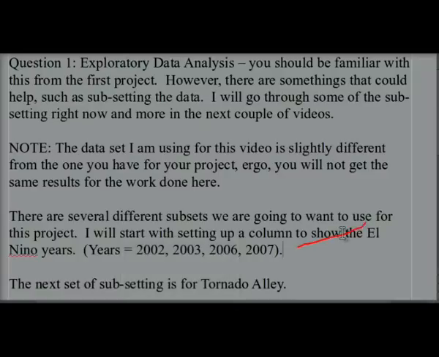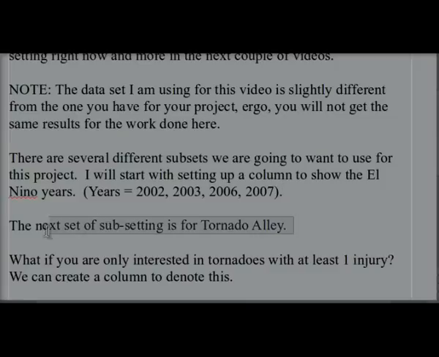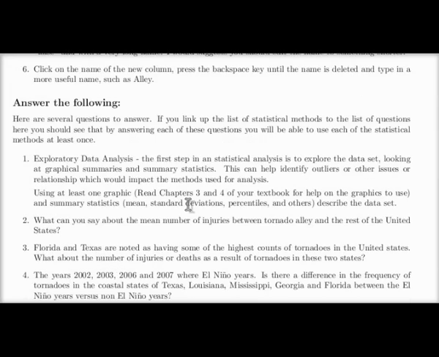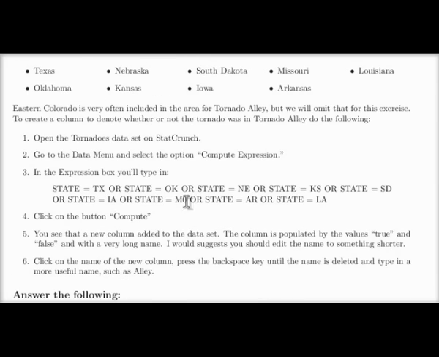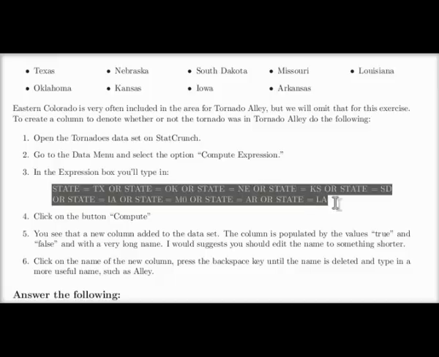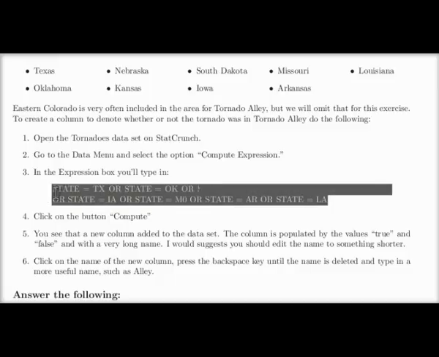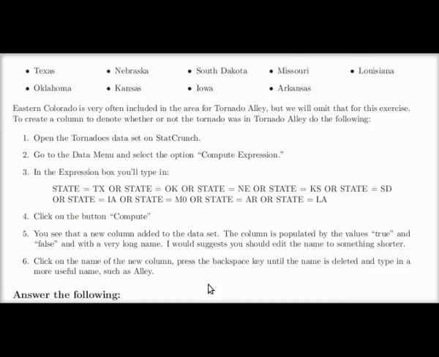Done. And now we want to look at subsetting for Tornado Alley. And again, this would be a long calculation, but if we look at the stat project that I gave you, there are some answers to follow and some information on how to do this, I can actually just copy and paste this into StatCrunch. So I've copied the expression string for Tornado Alley.